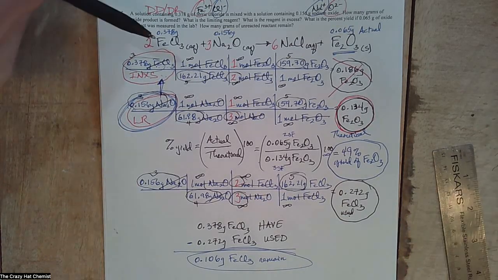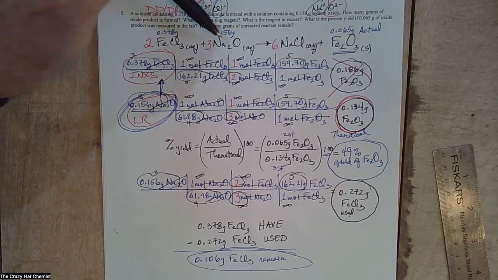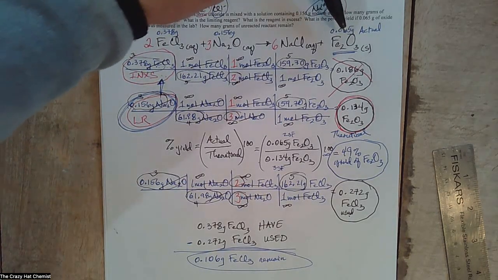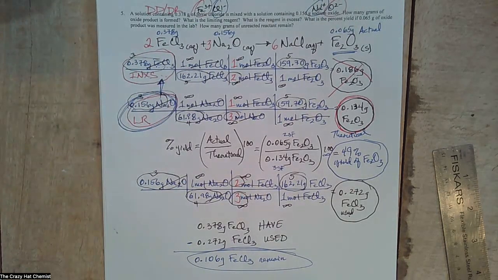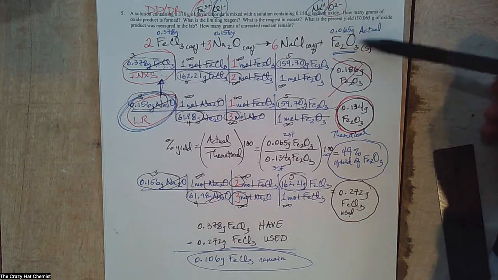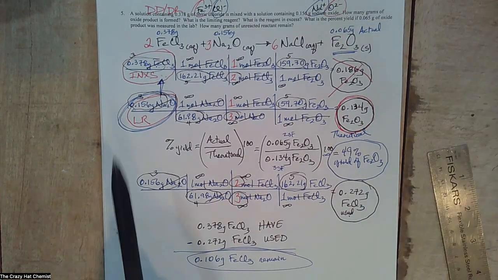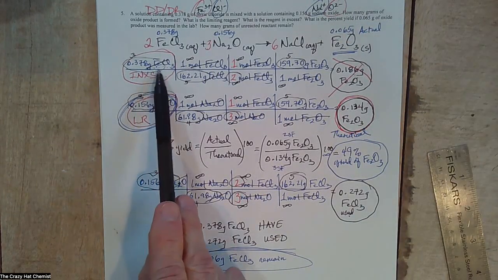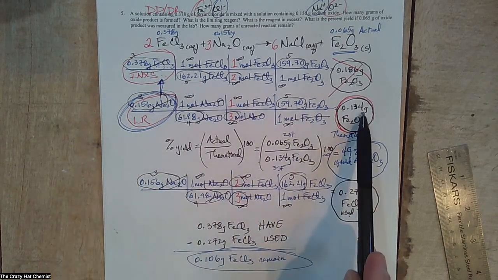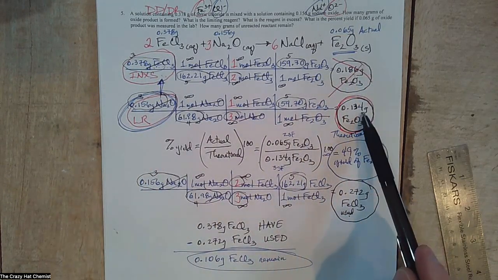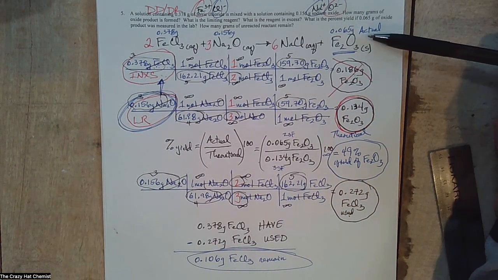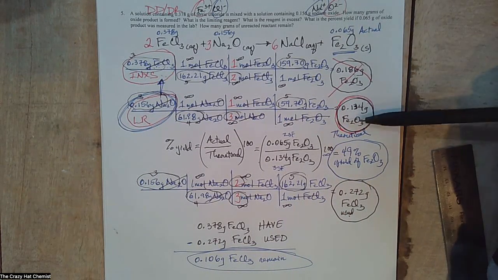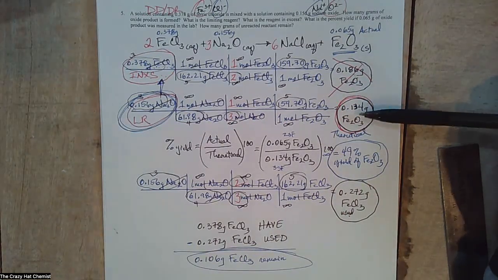We started off with numbers for both reactants. We converted them to the product that had a number so that we can do a percent yield. We took both of the numbers of reactants and we moved them to the product that was asked for, the product that had a value to it. We compared the two numbers here.